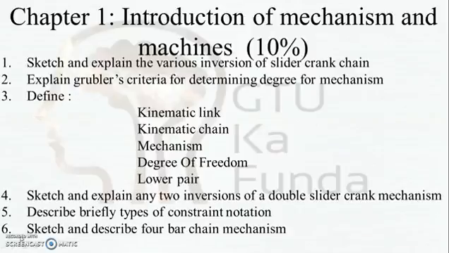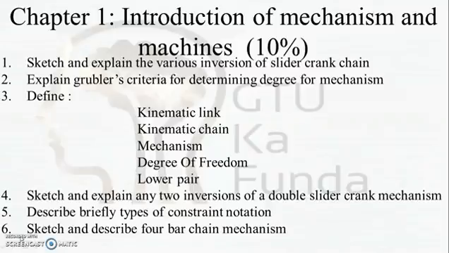For the Kinematics of Machine, chapter 1 is Introduction to Mechanism and Machines. Unlike my other videos, I have not marked particular questions with different colors, because this subject has very few chapters, only 4 chapters.